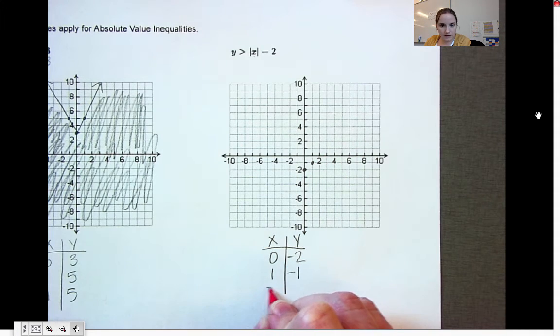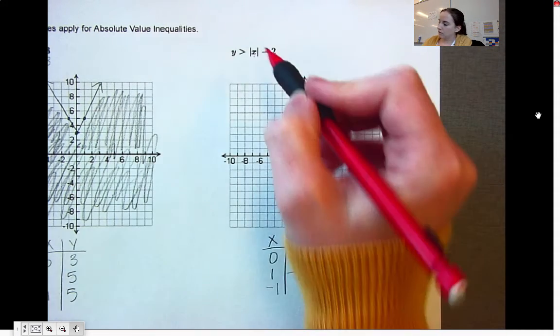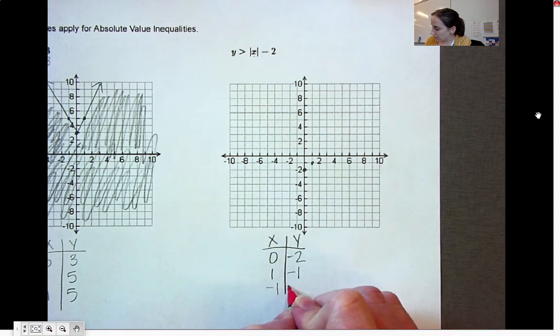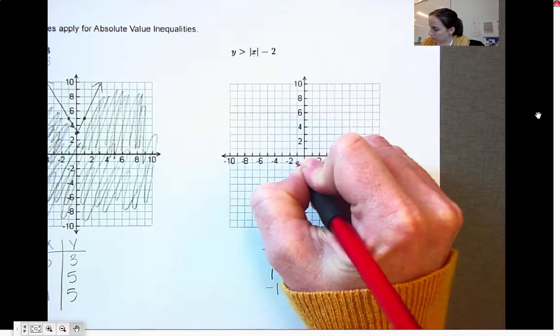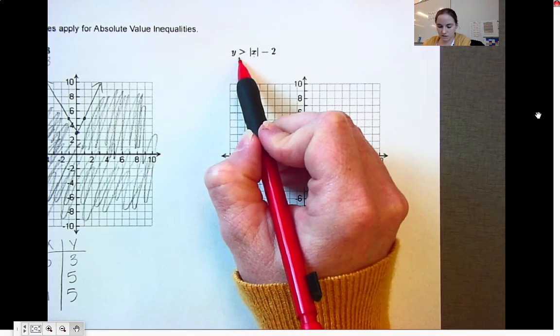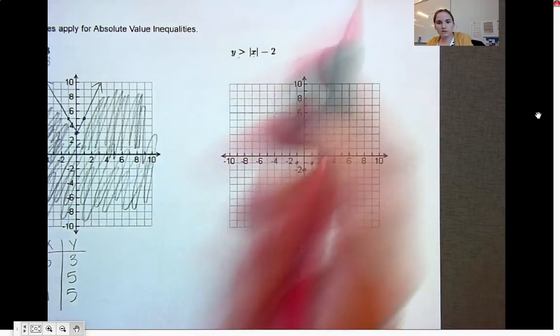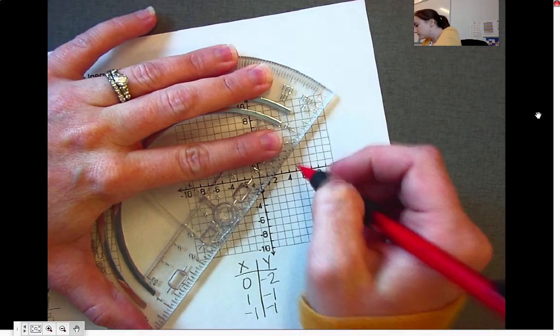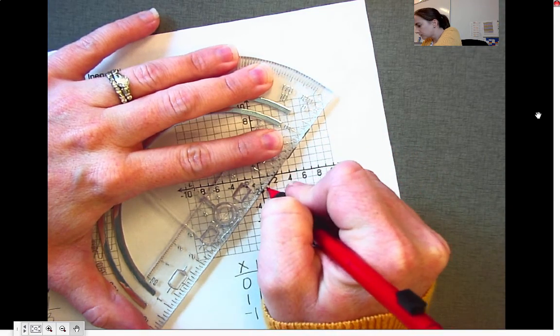And then if I plug in negative 1, I get 1, and 1 minus 2 again is negative 1. So I can see the V shape here. Check out the symbol. The symbol here says it's not equal to, so we need to make sure we draw dashed lines.